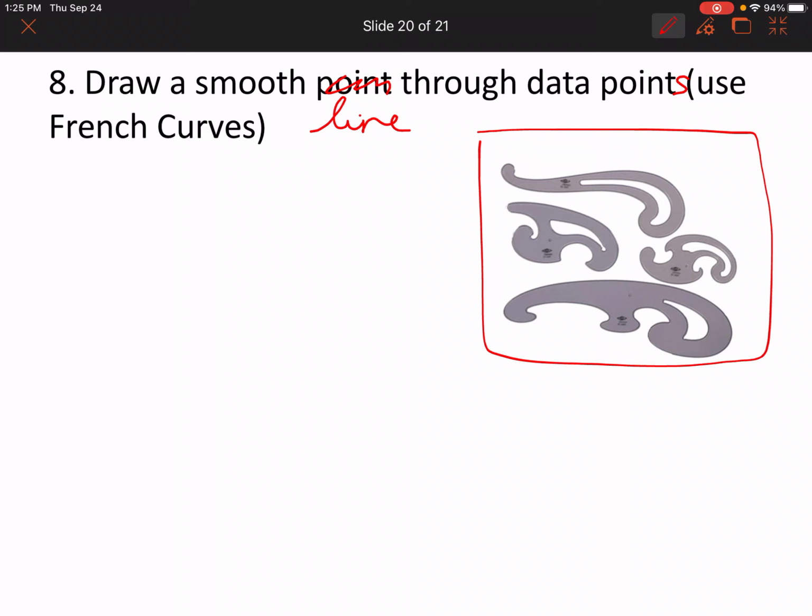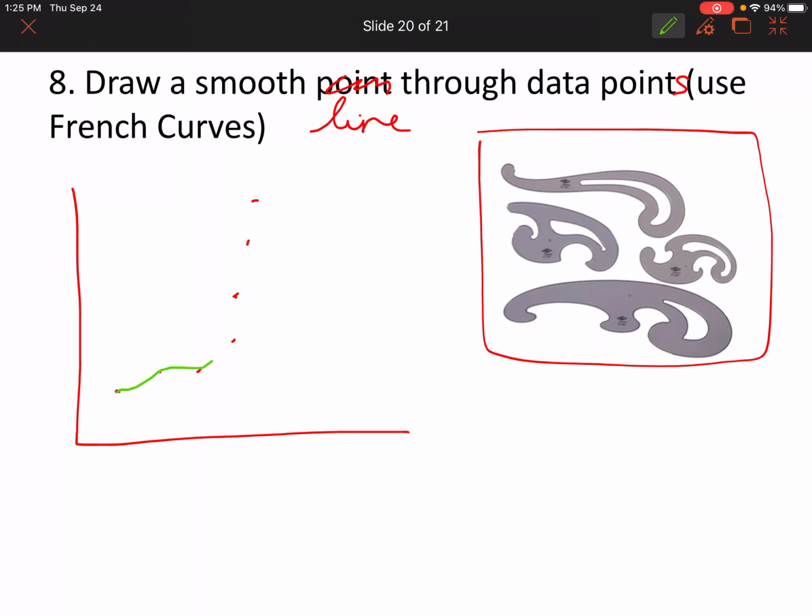What we do for that, so say you had data points that looked like that. Now, you don't want to connect the dots. And this is what you're going to do for your lab next class, or whenever you write it.